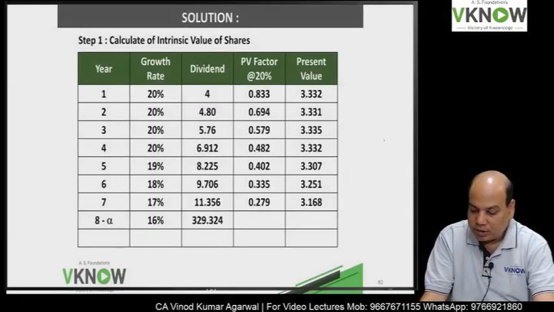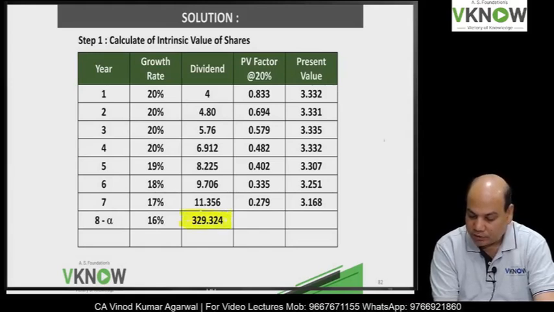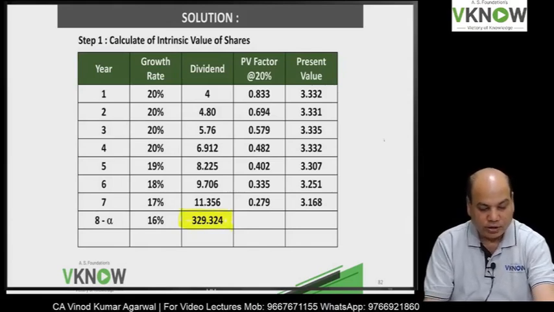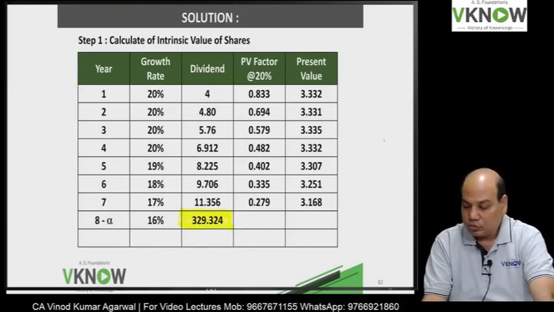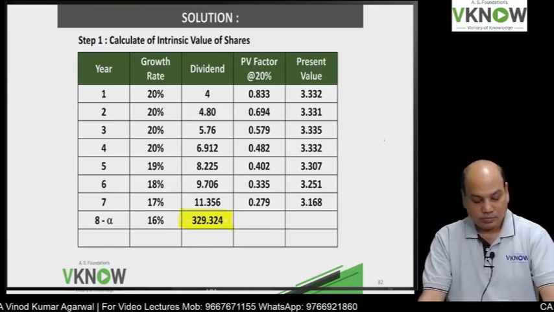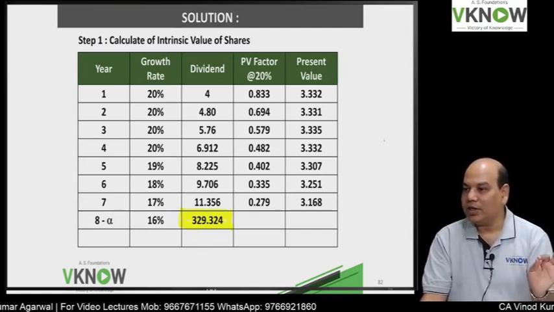So write down that number in the main page now. Bring that number here. This is not dividend, but this is price at the end of 7th year. So which factor will you apply, 7th year factor or 8th year factor?